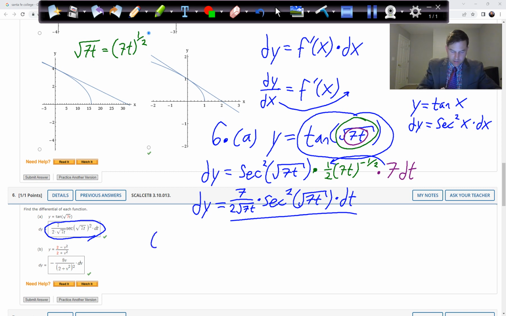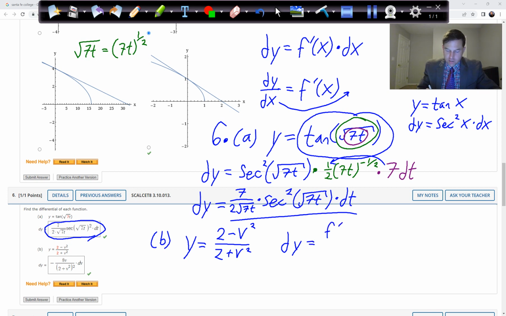For part B, we have y is now (2 minus v squared) over (2 plus v squared). Well, for a fraction like this, dy is going to be quotient rule, which says f prime g minus g prime f over g squared, where this whole top thing is little f, and this whole bottom thing is little g.